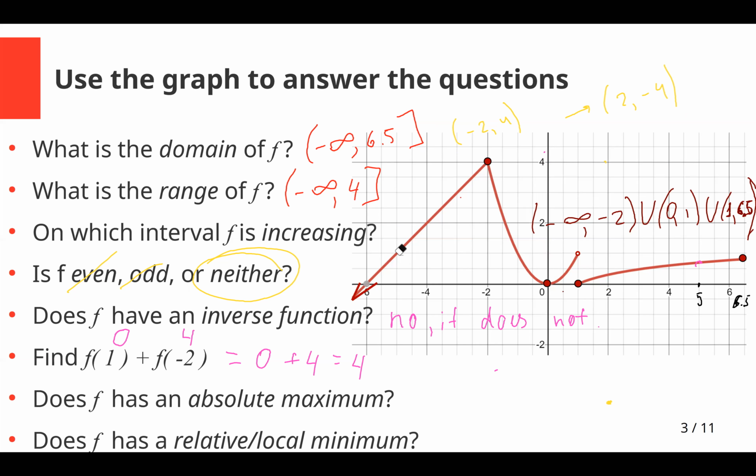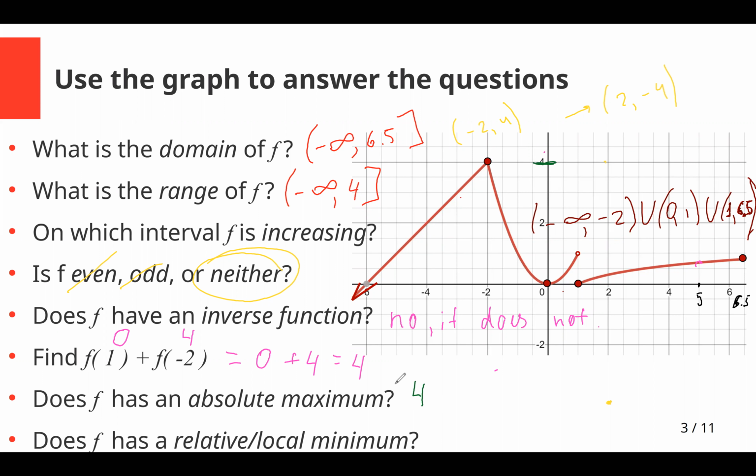Now, in this case, if you look at the graph of this function, let me use the mouse over here. This is the tallest point on the graph. That's the absolute maximum, right? Now, you have to be very careful with the definition. So let me put that the absolute maximum is 4. It's a 4, right? So it's this value over here.